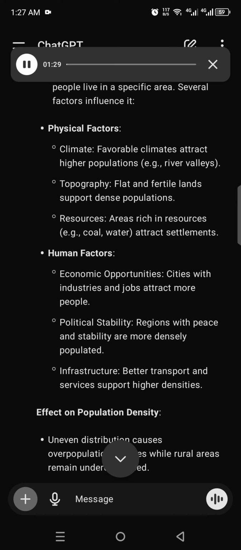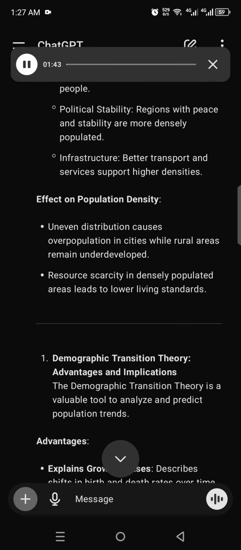Economic opportunities. Cities with industries and jobs attract more people. Political stability. Regions with peace and stability are more densely populated. Infrastructure. Better transport and services support higher densities. Effect on population density. Uneven distribution causes overpopulation in cities while rural areas remain underdeveloped. Resource scarcity in densely populated areas leads to lower living standards.